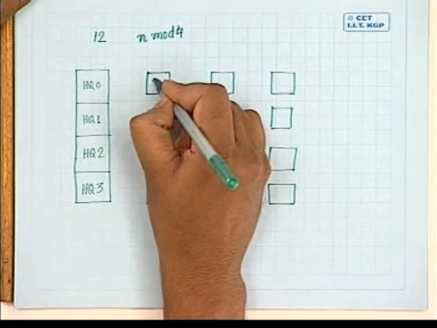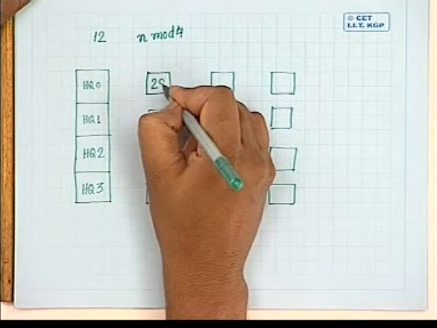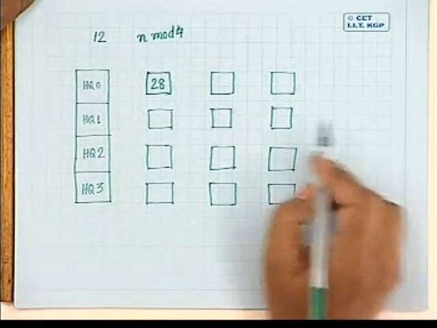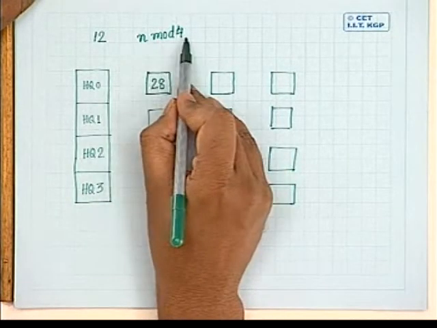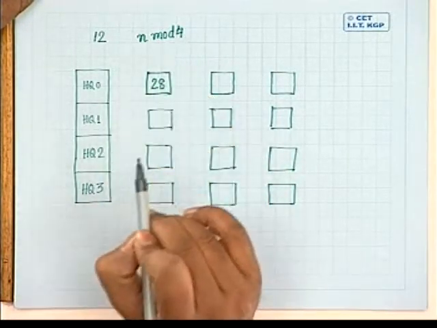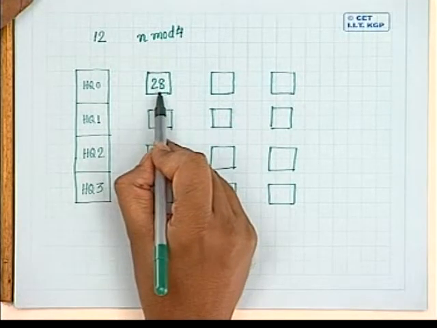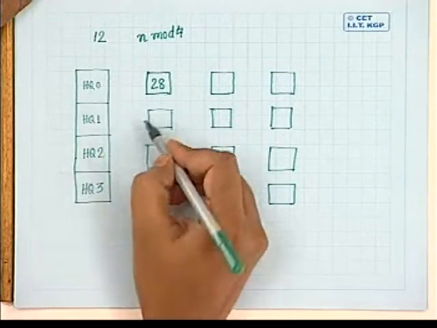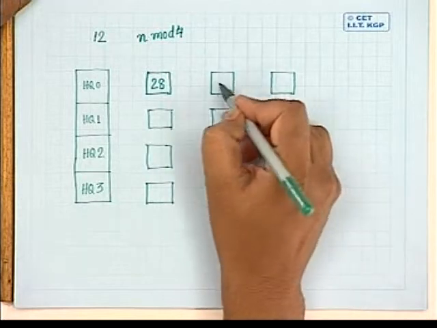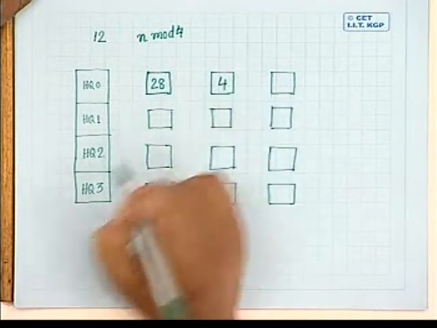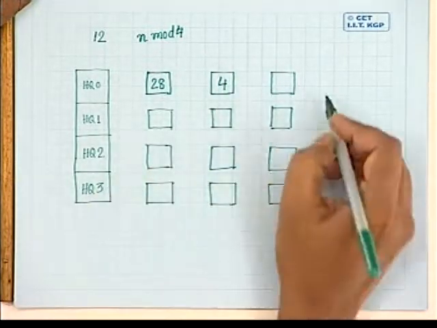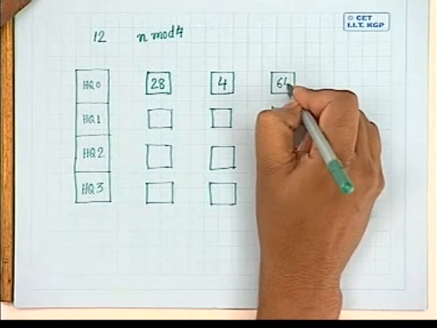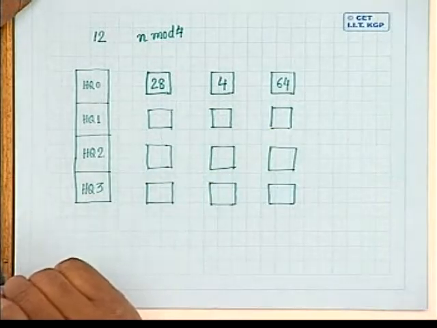Now if I have a buffer containing block number say 28, so if I perform 28 mod 4, that is 0. So this buffer containing block number 28 will be present in hash queue 0. Similarly, the buffer containing block number 4 will also be present in hash queue 0. A buffer containing say block number 64 will also be present in hash queue 0.